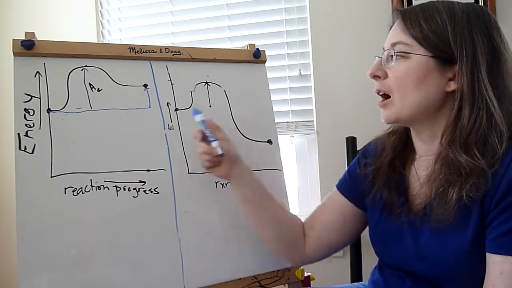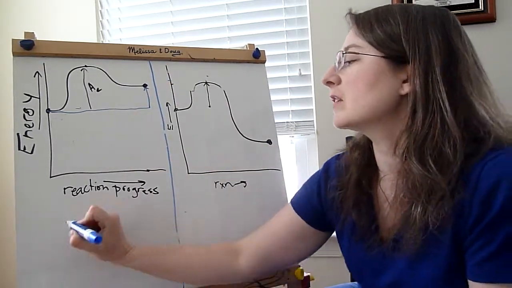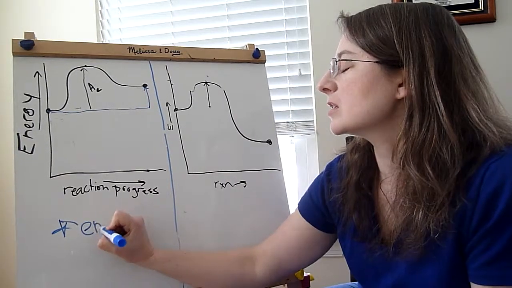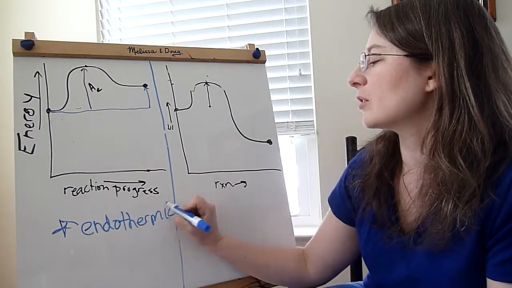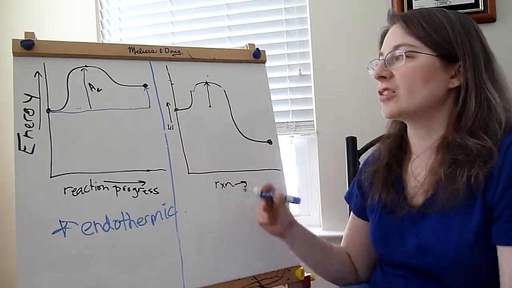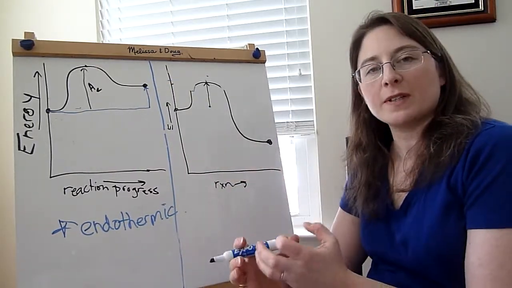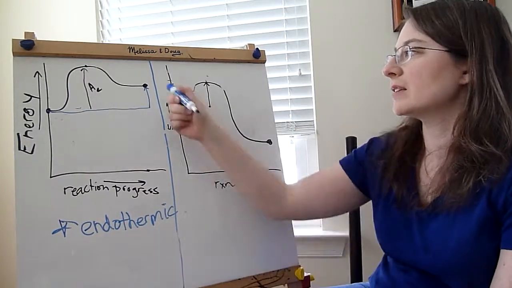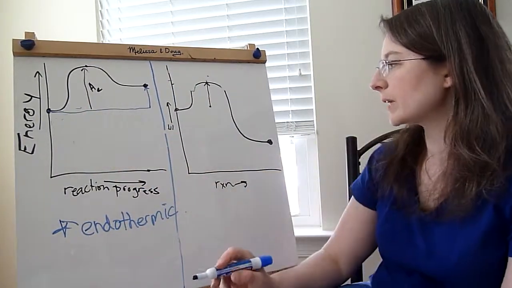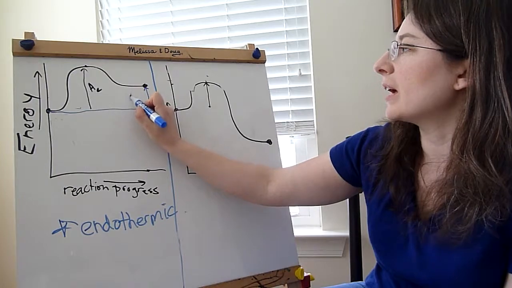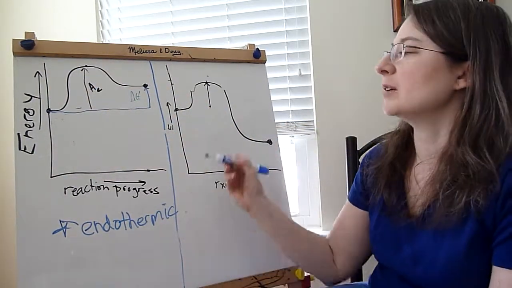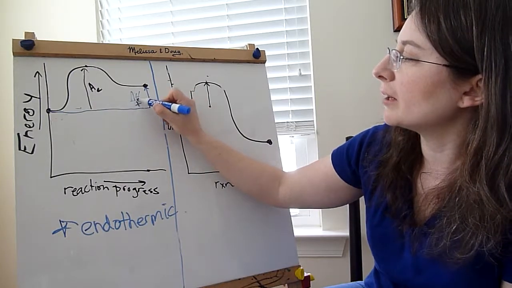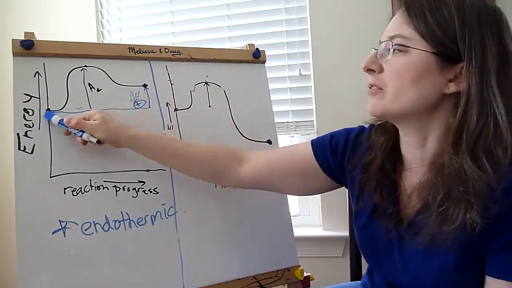Then I see that I've gained energy. So this would be an endothermic reaction. Right? An endothermic reaction. It has gained energy. It has absorbed energy from its surroundings. Endothermic. Has more energy at the end than it did at the beginning. Right? So delta H, the change in enthalpy, change in energy, for example, would be positive, right? It has gained energy from here to here.